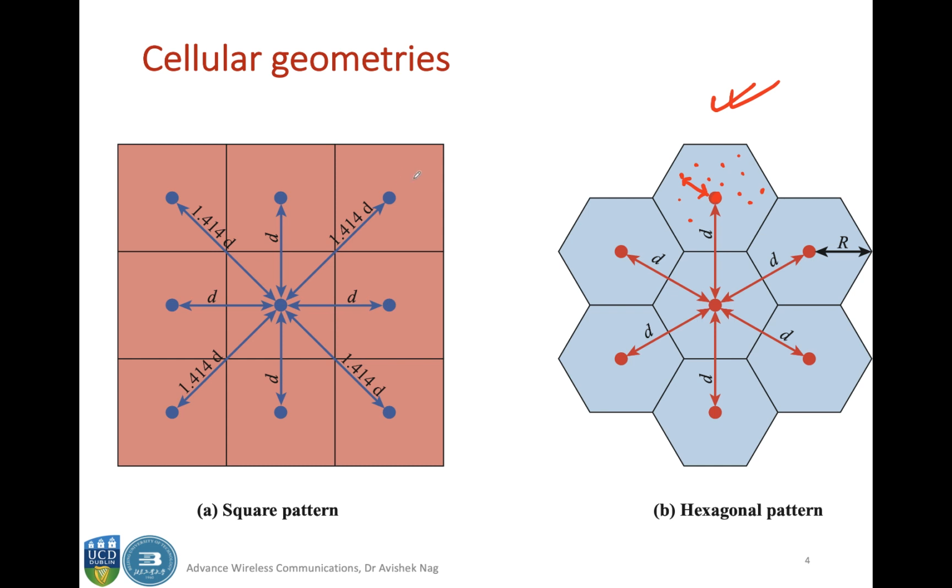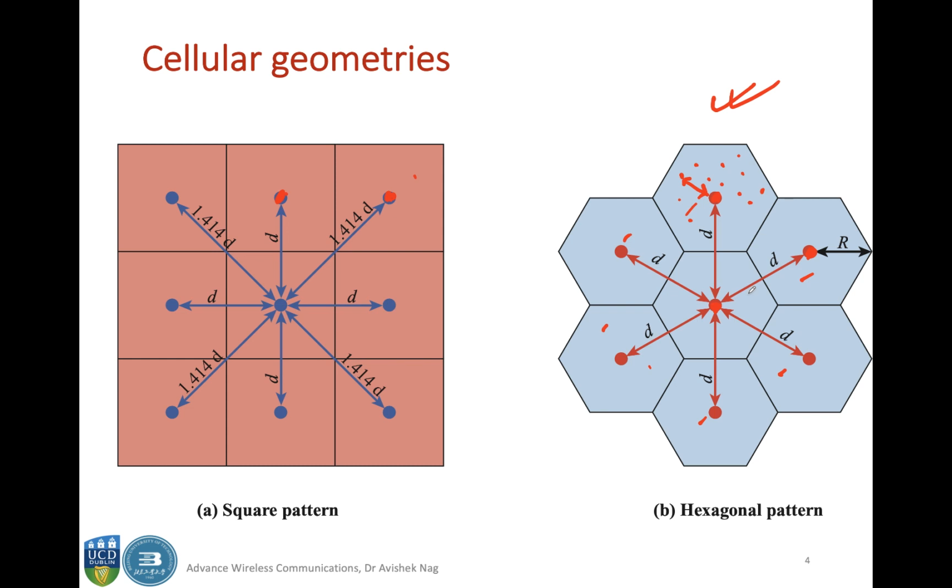So why is this hexagon used rather than, let's say, a square pattern? You could have also gone with a square geometry where each cell is divided into a square with the base stations in the center. The reason is that in case of the hexagonal geometry, let's consider this one, it has 6 neighbors, 1, 2, 3, 4, 5 and 6, and the antenna in the base station of this cell is equidistant from the antennas of all its neighbors.